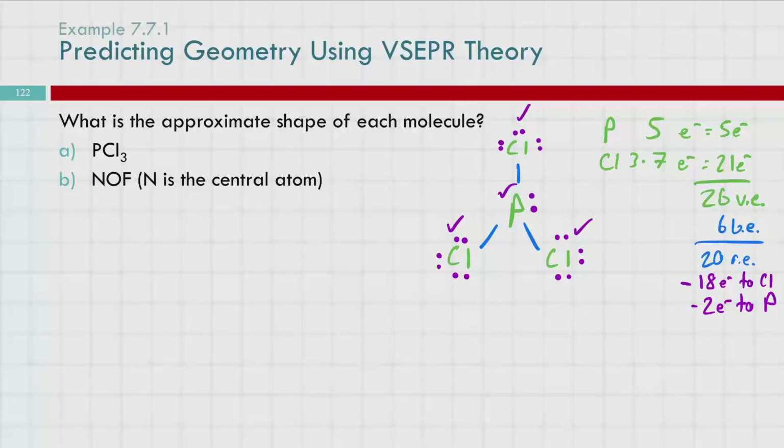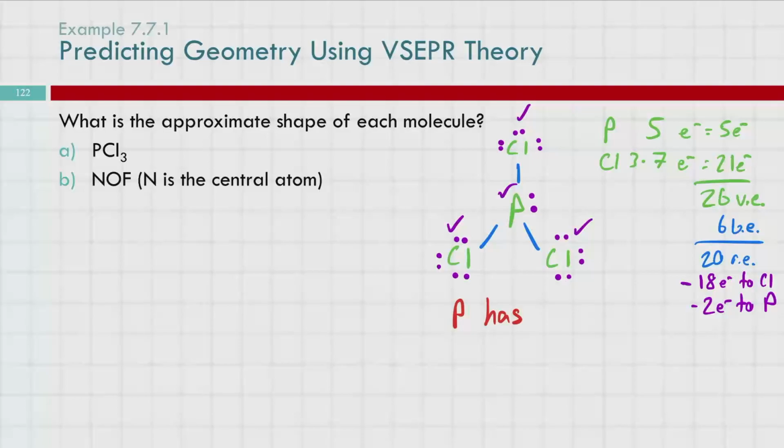Okay, now for step 2, we want to look at our central atom. What's our central atom? Phosphorus, P. Phosphorus has how many groups on it? How many electron groups? How many distinct clusters of electrons? 3.